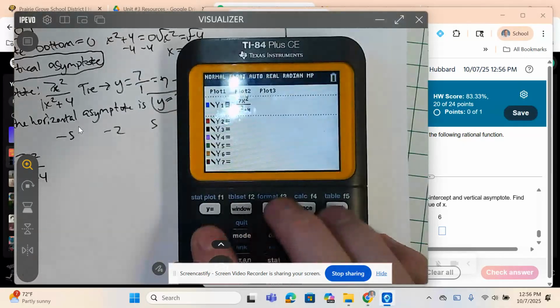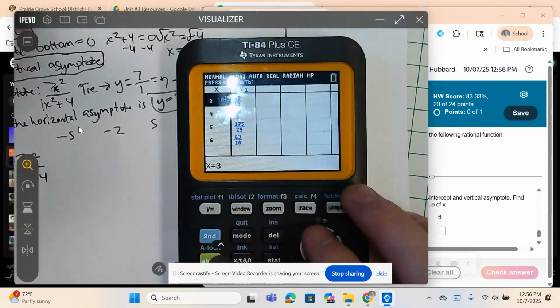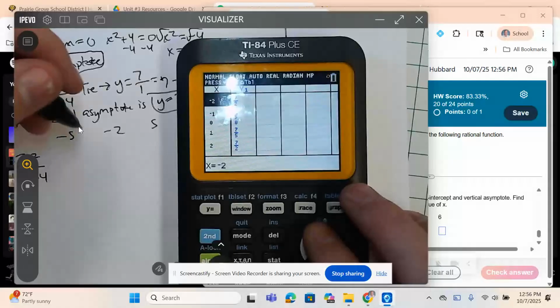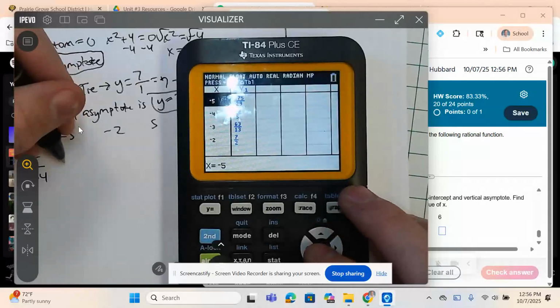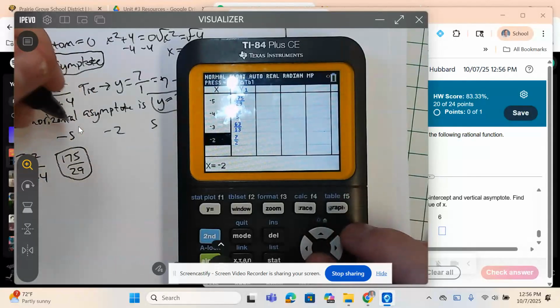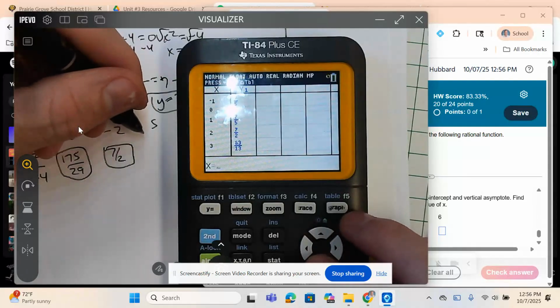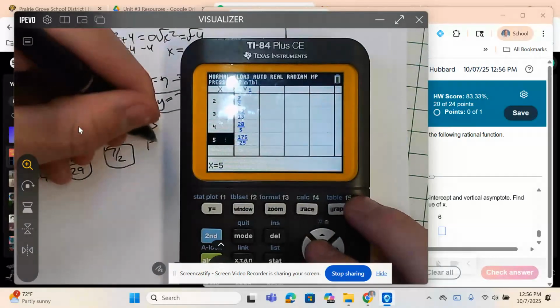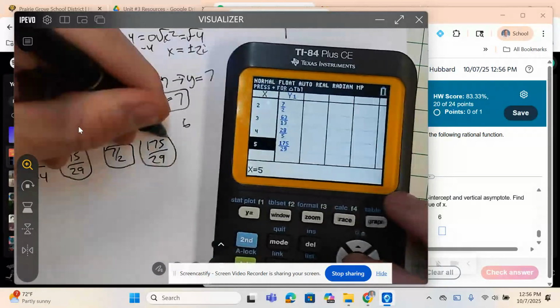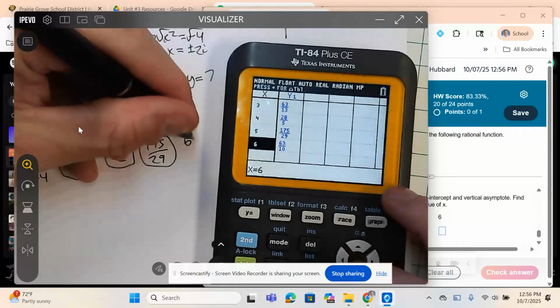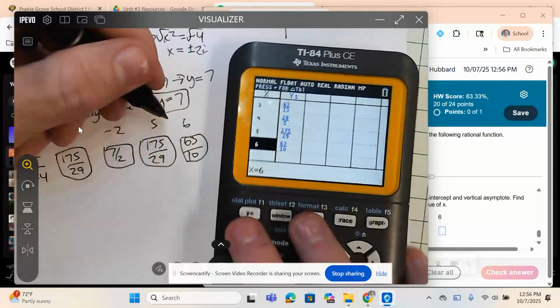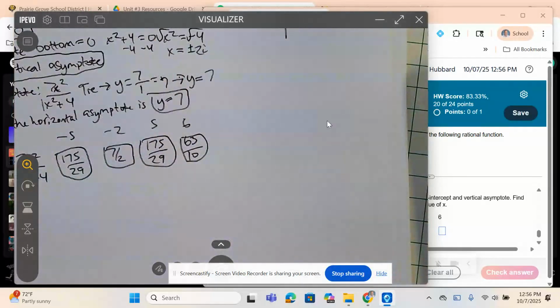So I go to second graph. So negative 5, 175 over 29. This gives you the exact value, so you could use that in your table. 7 halves, 3, 4, 5, 175 divided by 29, and 6 is 63 tenths. I could also plug each of those into the equation, but I'm too lazy for that.